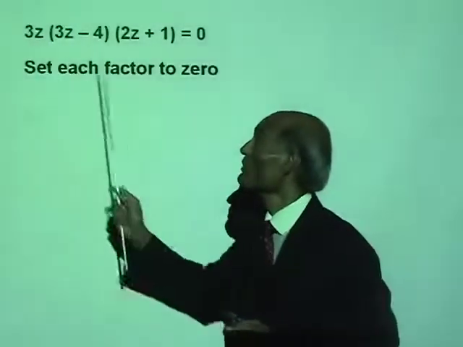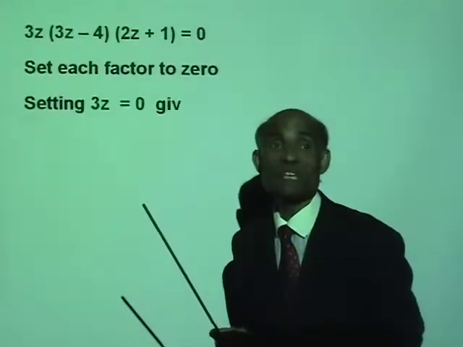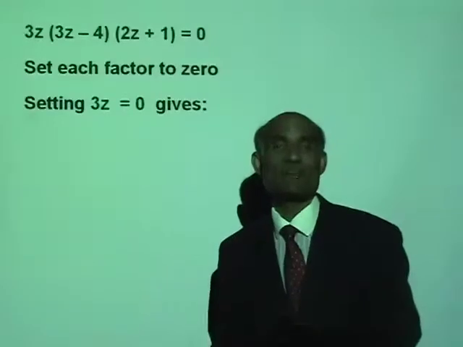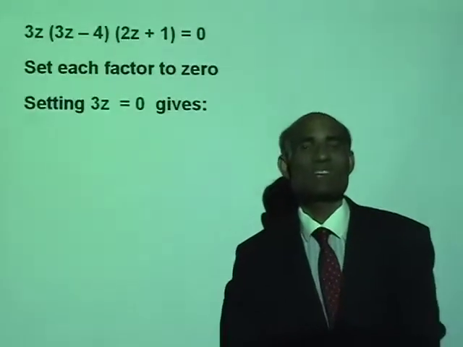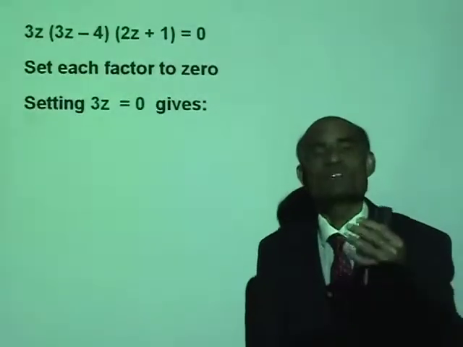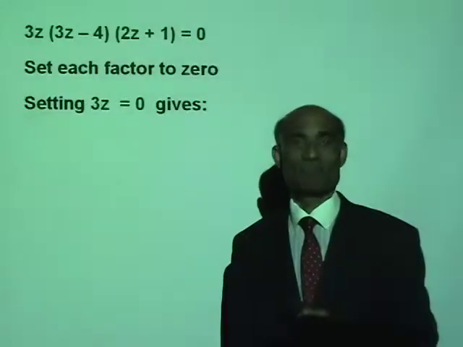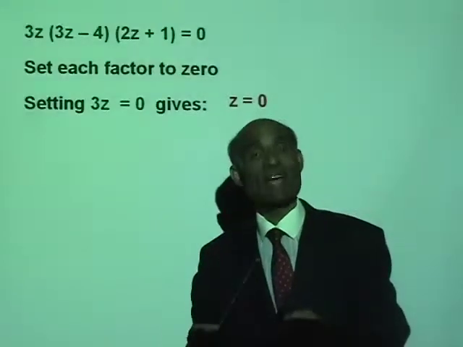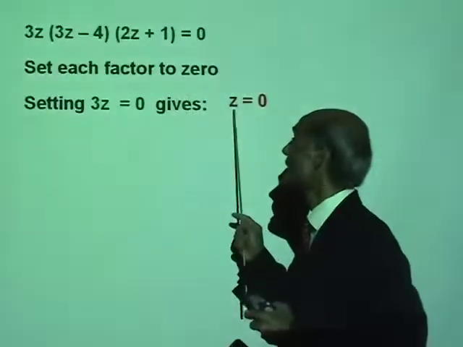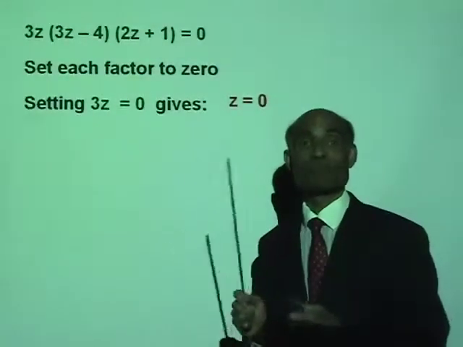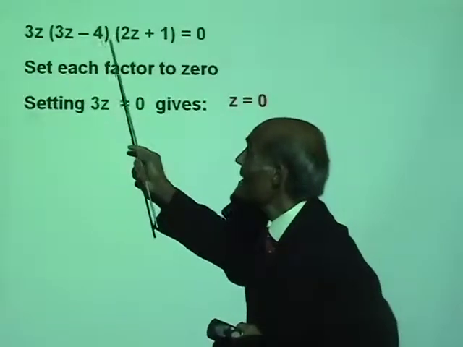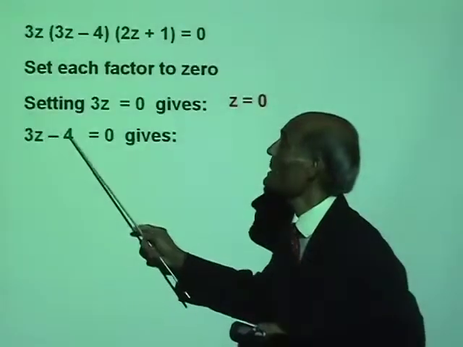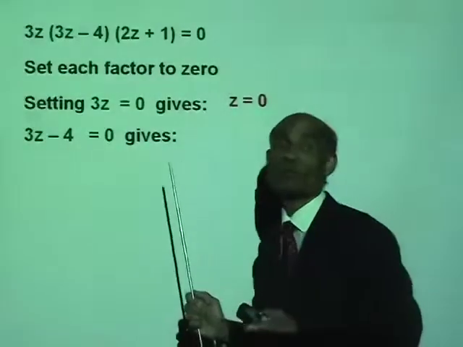Well, first factor is 3z. Setting 3z equal to 0, tell me, what is the value of z? z equal to 0. The only way 3z can be equal to 0 is that z equals 0. Alright, let's take the second factor and set it equal to 0. 3z minus 4 equal to 0.